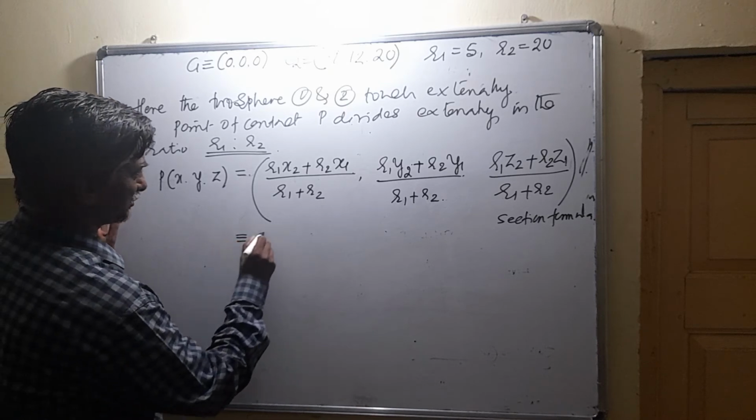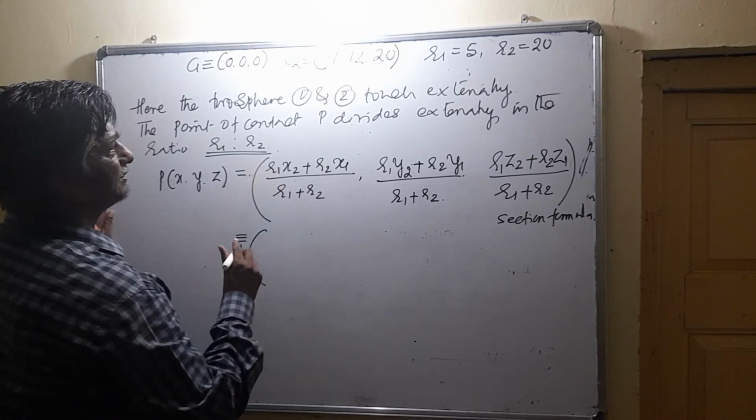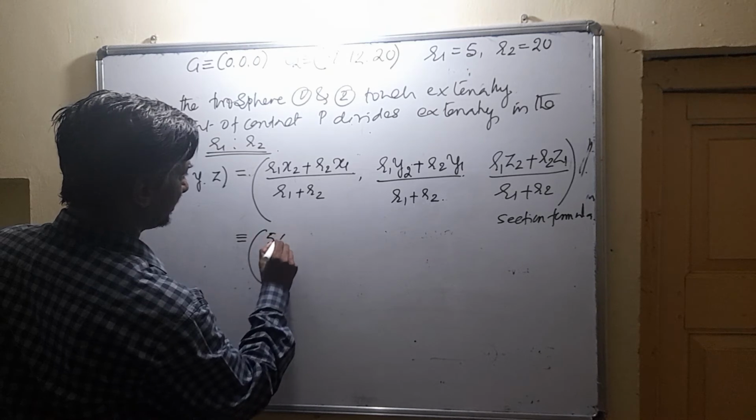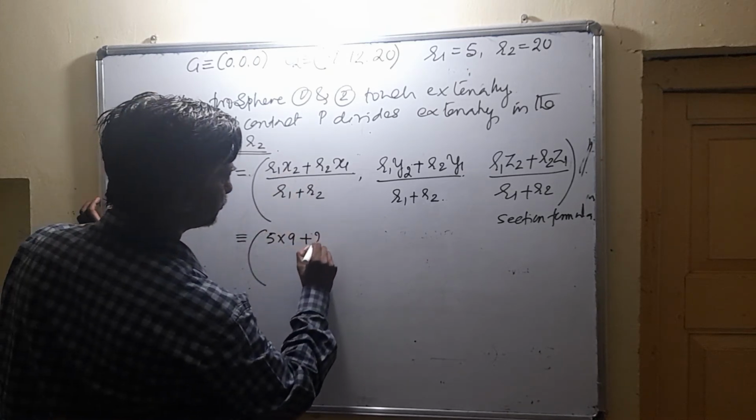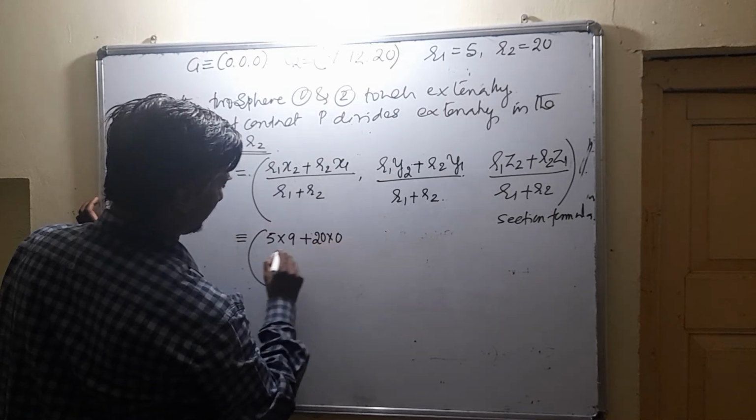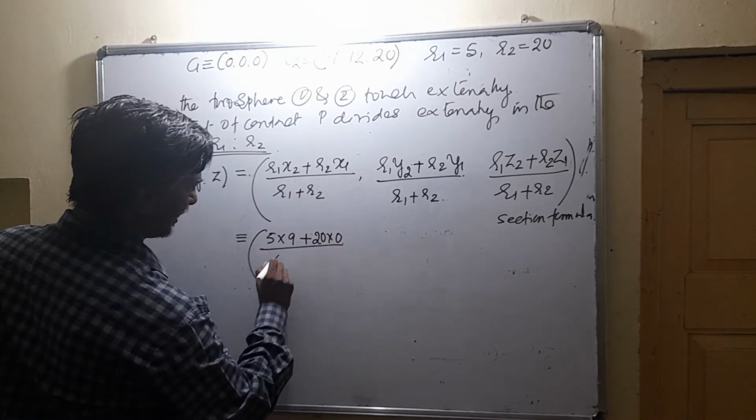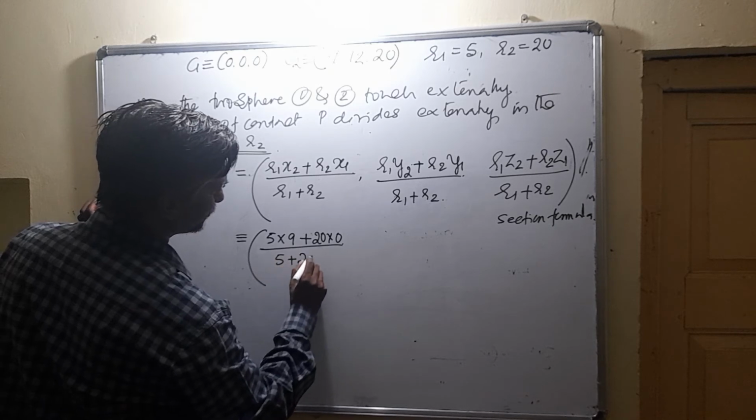Clear? Just put the values, we get the result. This is equal to, what is r1? 5 into 9 plus r2, 20 into 0, divided by 5 plus 20.